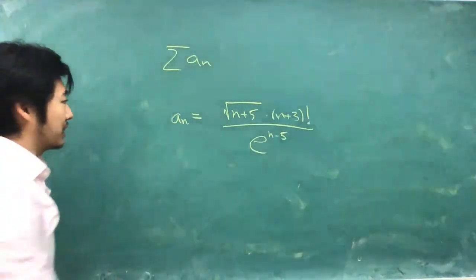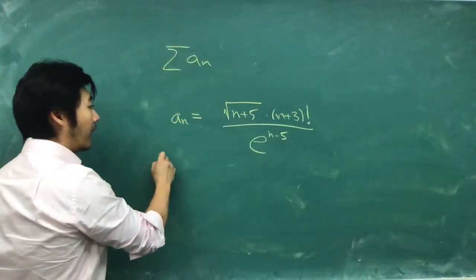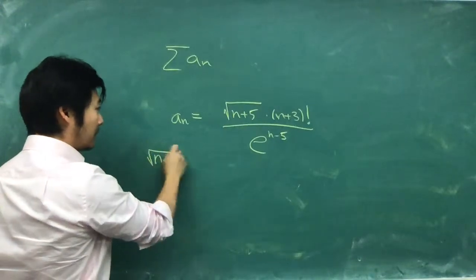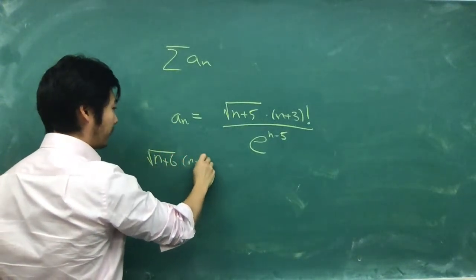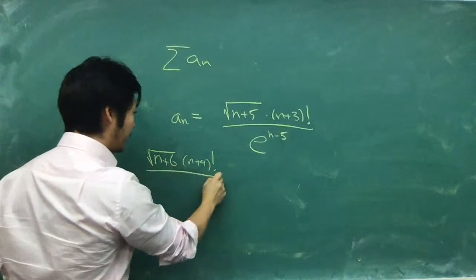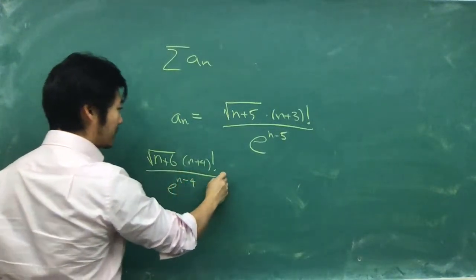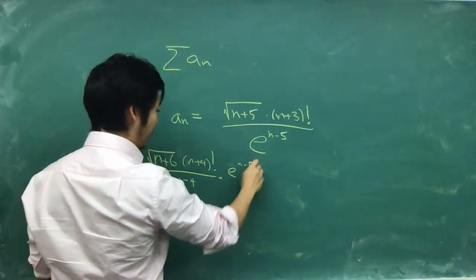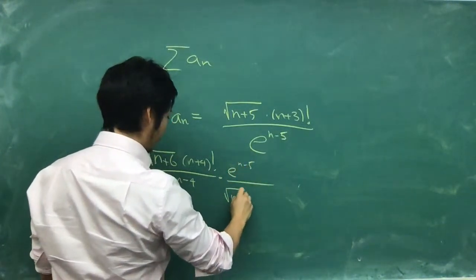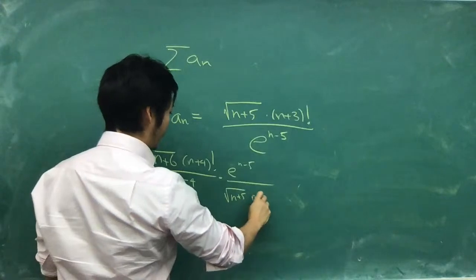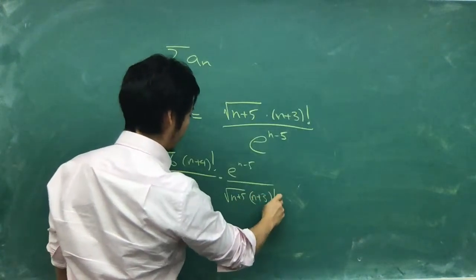If you use the ratio test, this is going to be n plus 6 and n plus 4 factorial divided by e to the n minus 4, times e to the n minus 5 and n plus 5 n plus 3 factorial.